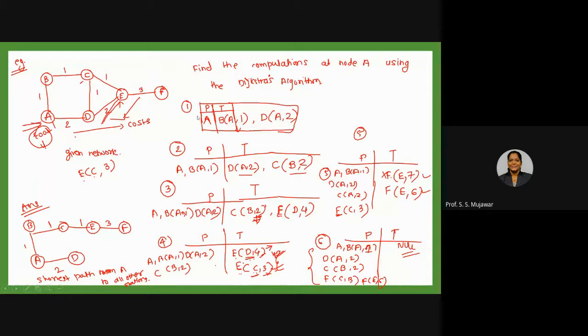The node for which we finalize the shortest path, we add into the P column, that is the permanent column. The meaning of a value in this column is that we have selected the shortest path to reach that node.